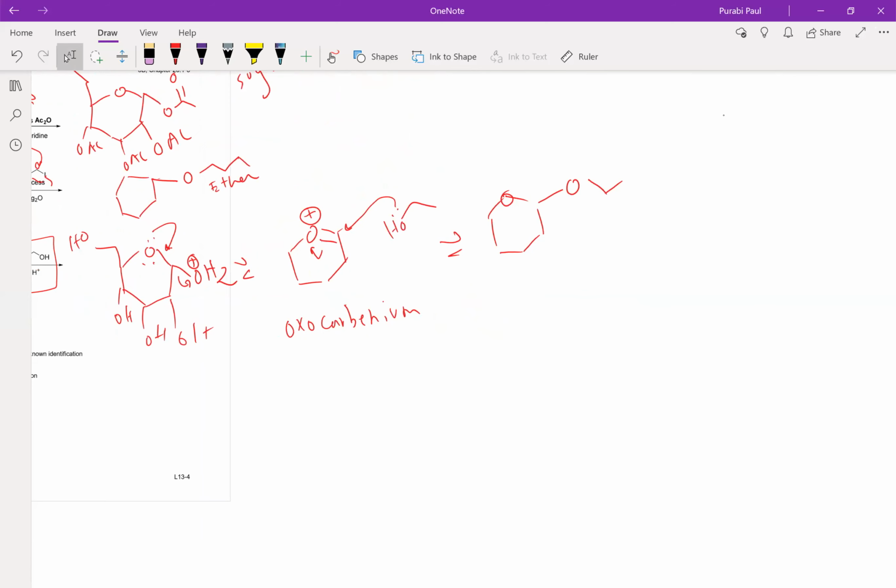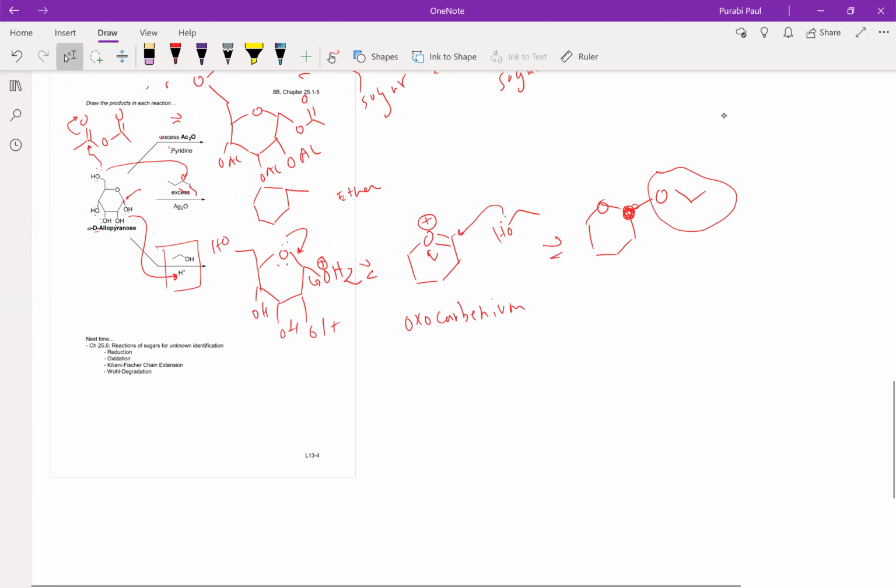So that's the only way of modifying the anomeric position from a free OH to some sort of ether, okay? And this reaction is reversible, where you could go back to the oxocarbenium and the water could come back and attack, okay? So remember, sugars acting as an electrophile will only do chemistry on the anomeric position. Sugar acting as a nucleophile will do chemistry in all the other positions.